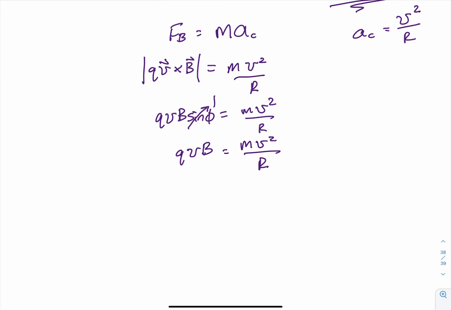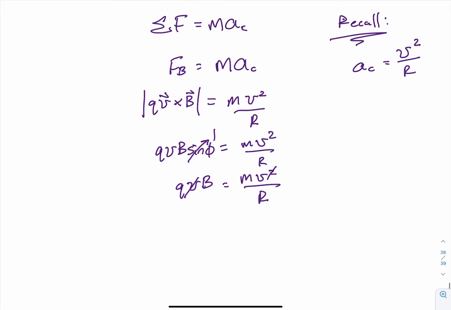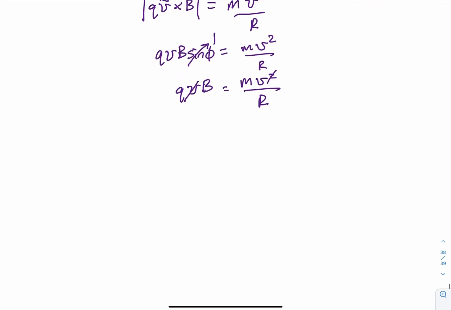It looks like we can divide away one of our V's. And so we might just note that this is a statement that relates. So let's write it like this.